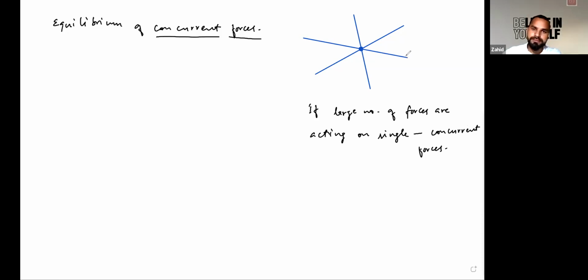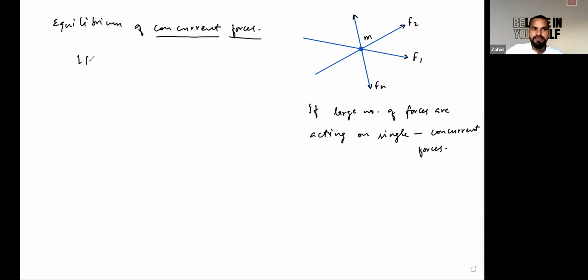Let's say you have F1, F2, F3, and so on, the forces acting on this particular point having mass m.